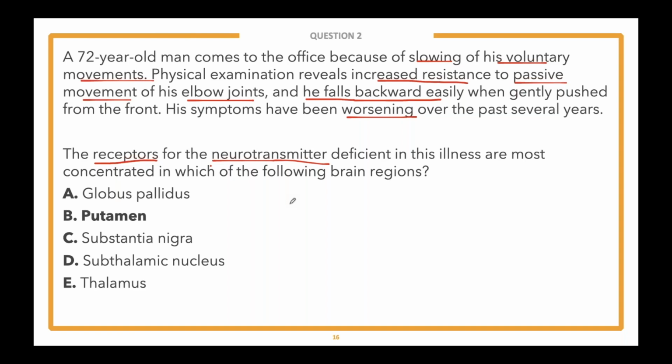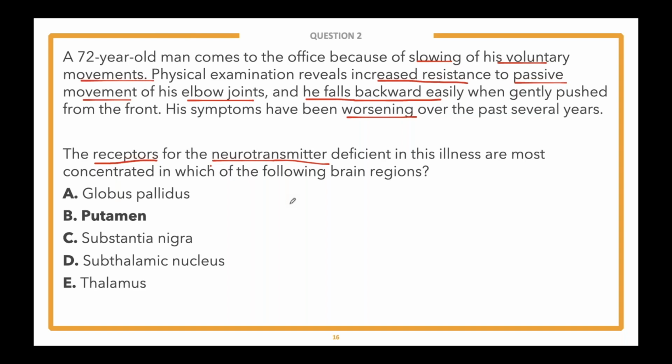So now let's go over the incorrect answer choices. The thalamus. Well, the thalamus receives inhibitory projections from the globus pallidus internus via the subthalamic nucleus, and dopamine receptors involved in Parkinson's disease are located in the striatum, not the thalamus. So it's a pretty straightforward reason as to why that's incorrect.